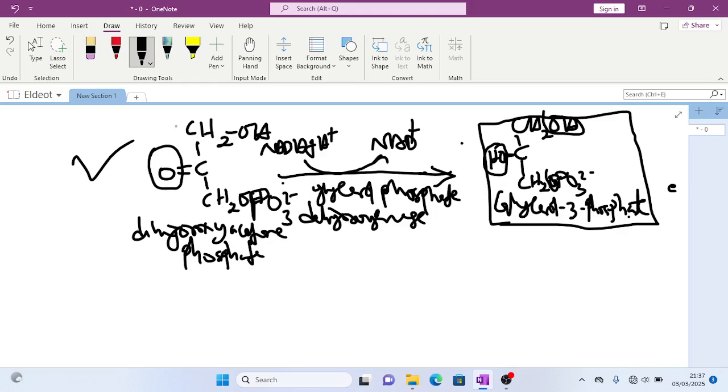Another route for forming glycerol 3-phosphate is primarily from glycerol by the action of a kinase enzyme. So if we have glycerol, or propane-1,2,3-triol, this is glycerol.